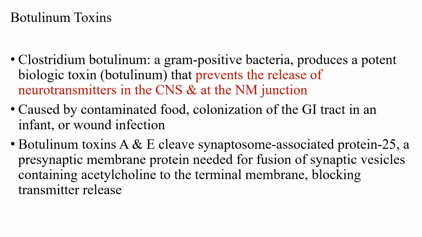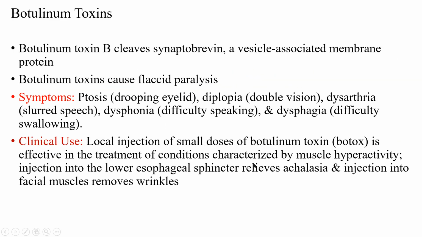Botulinum A and E. Botulinum B cleaves synaptobrevin, a vesicle associated membrane protein. So this is causing flaccid paralysis, meaning in the resting condition the muscle is weak, relaxed, and paralyzed, with no activity. You are trying to contract but it will not respond, right?